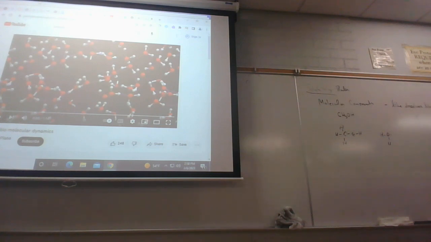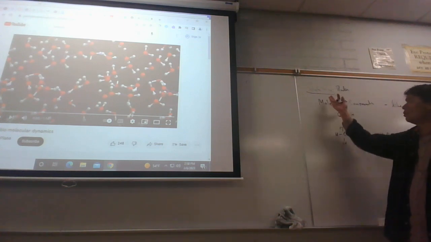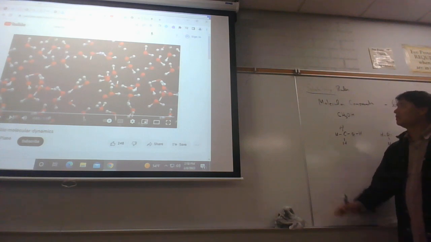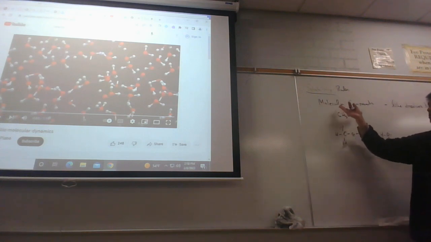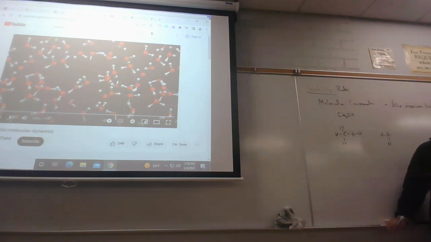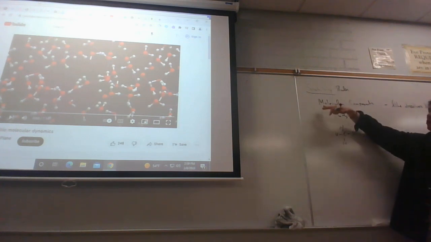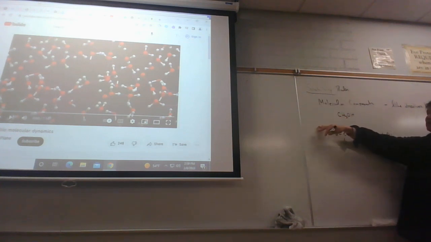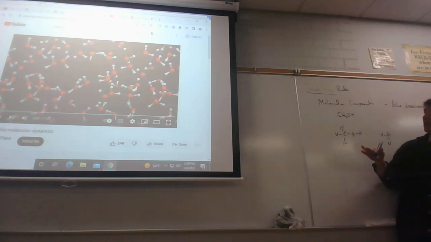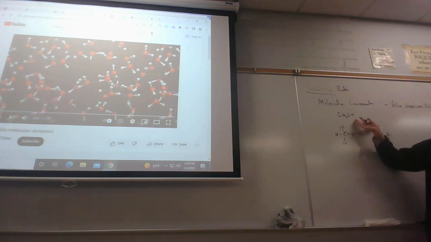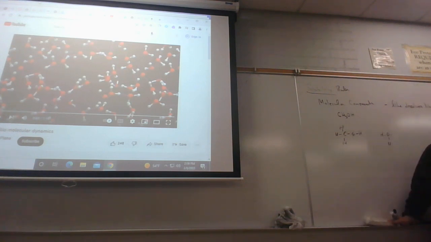Now the cutoff for the qualitative is 0.1 molar. If you can dissolve more than 0.1 moles of solute per liter, it's called soluble. If you can dissolve less than 0.1 moles per liter, it's insoluble. If you can dissolve around 0.1 moles per liter, it's slightly soluble. And so this is highly soluble. This would get the S here.